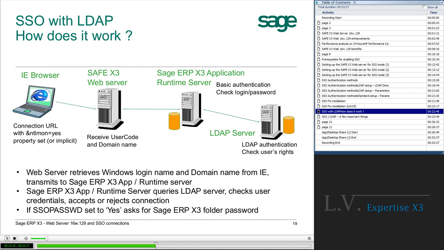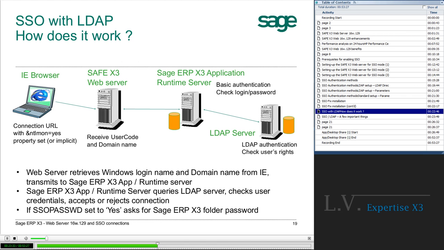So, if we want to summarize the different things that we have said, when you are working with your browser, either you have set the NTLM to all on, so you do not need to add anything to the URL, or not, and you have to add NTLM=yes.